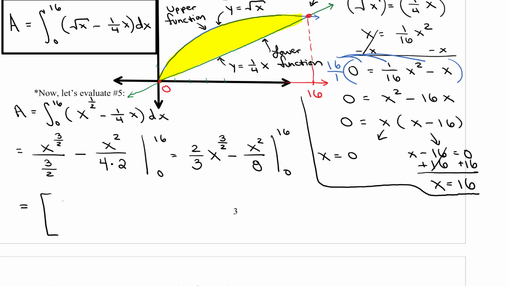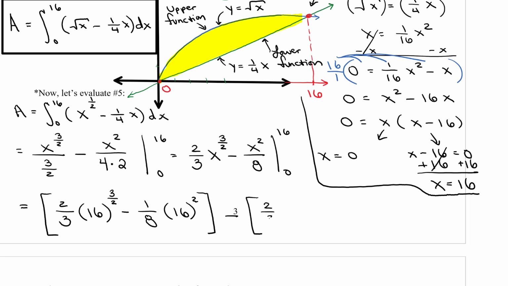All right, our next line, we're going to open up a square bracket. This is going to be equal to 2/3 times 16 raised to the 3/2 power minus 1/8 times 16 raised to the 2nd power. Close our square bracket.